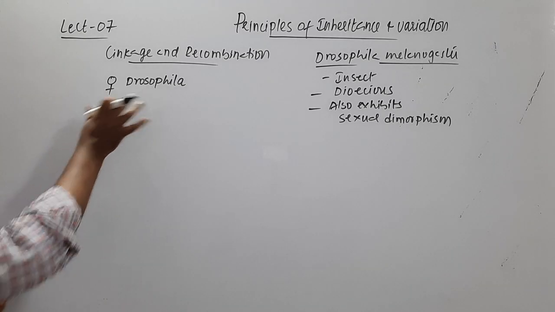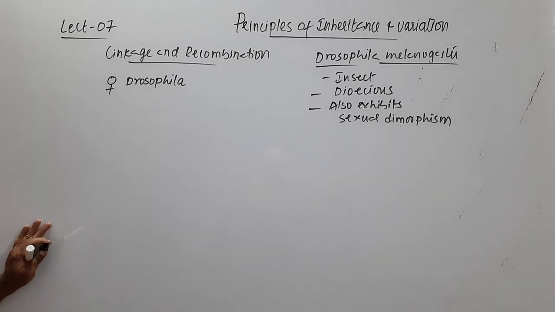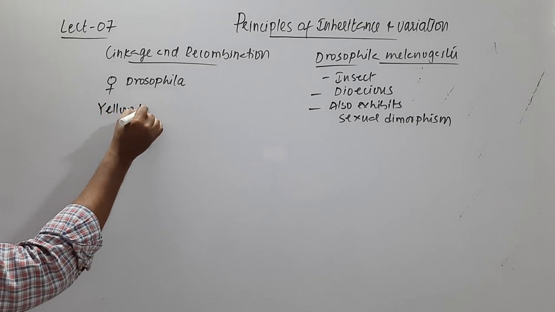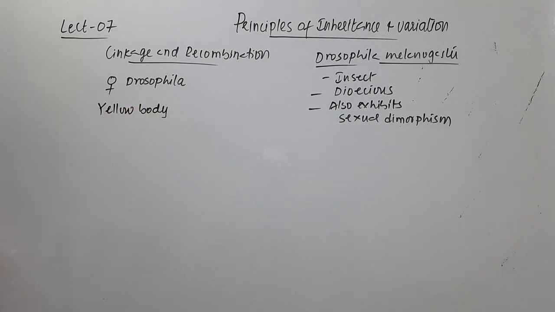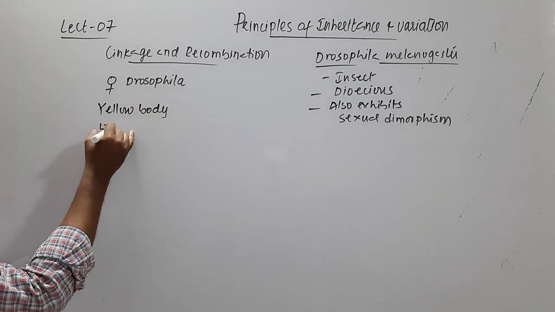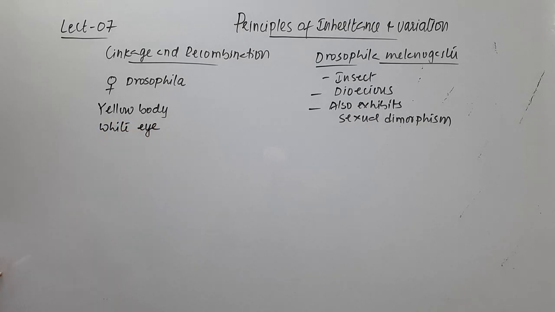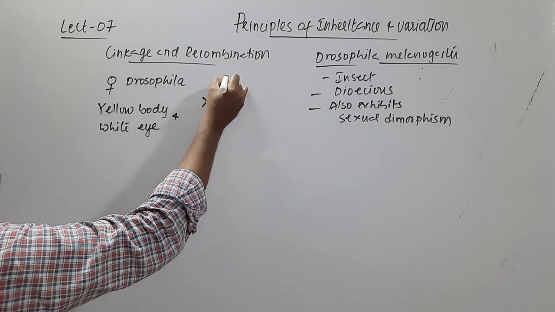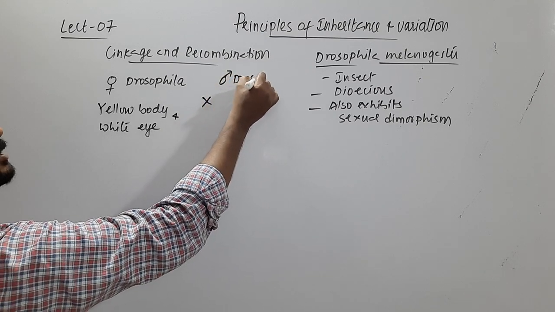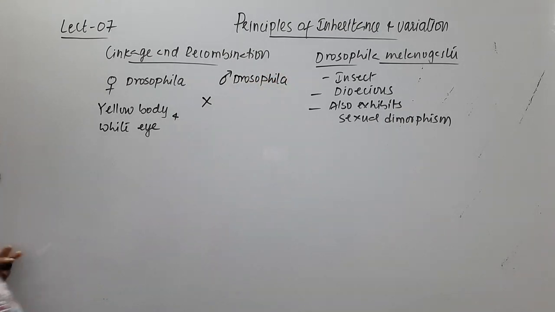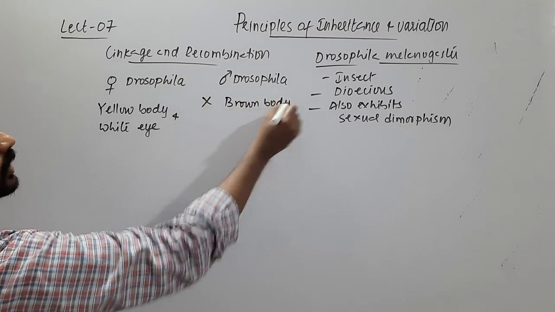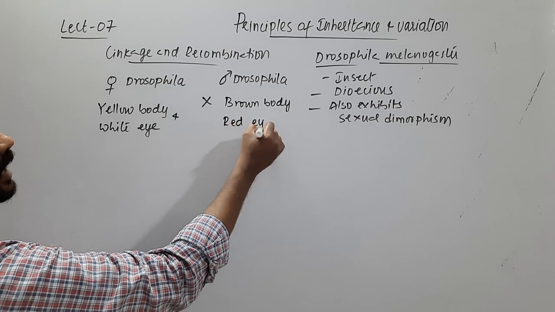The female Drosophila he took had a yellow body and a white eye, and he crossed it with a male Drosophila that has a brown body and red eye.